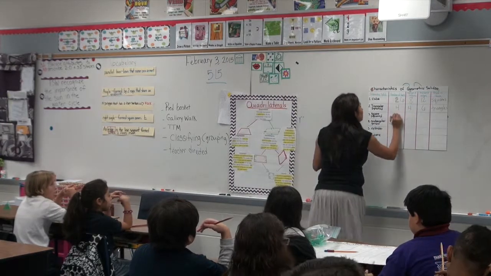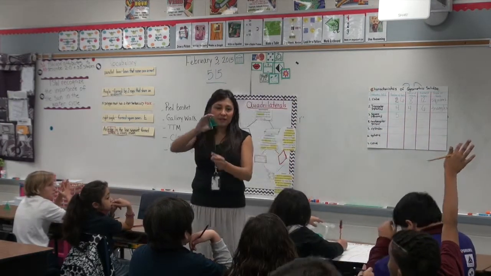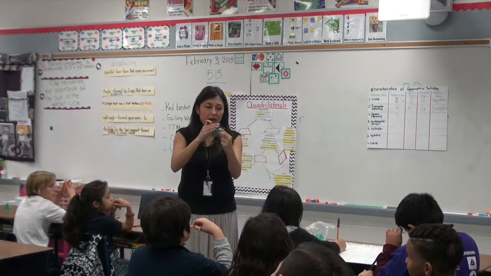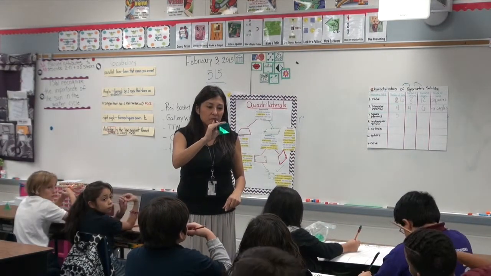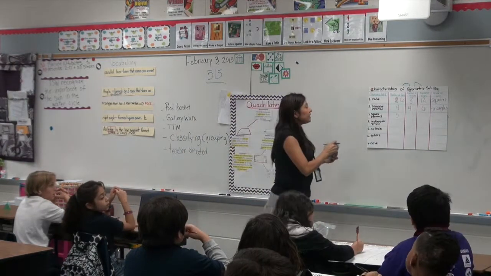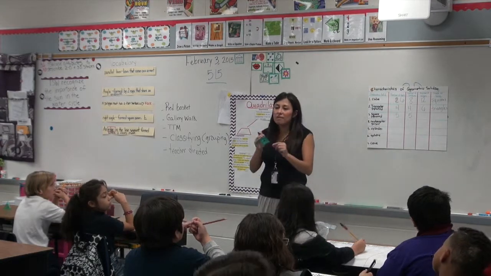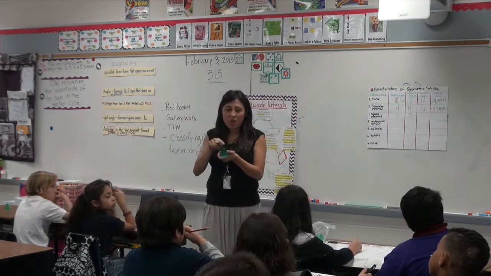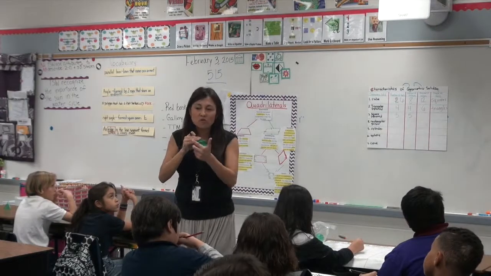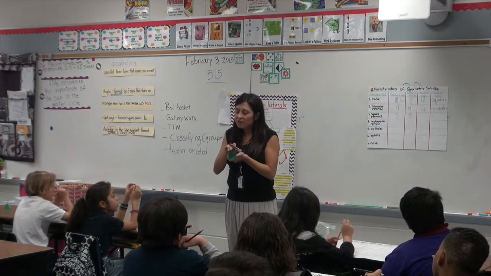So we have 5 faces. Vertices. You ready? How many on the bottom? 4 and 1 at the top makes 5. Again, I know there's some students that still are not sure: a vertex is one, vertices is more than one corner. We don't say corners anymore, we say vertices.